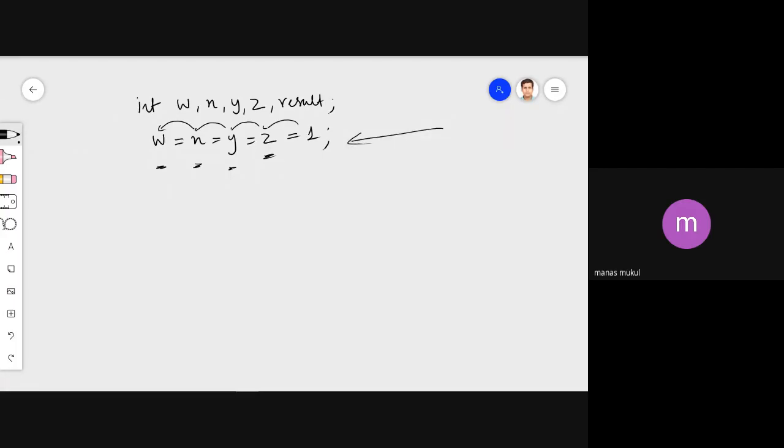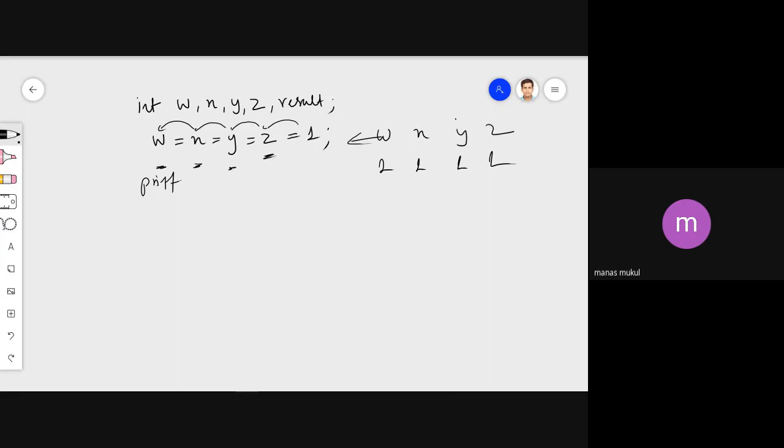Now, if I use printf and print the values of all, I will get 1, 1, 1, and 1. This is for w, this is for x, this is for y, and this is for z. All these will have value 1.